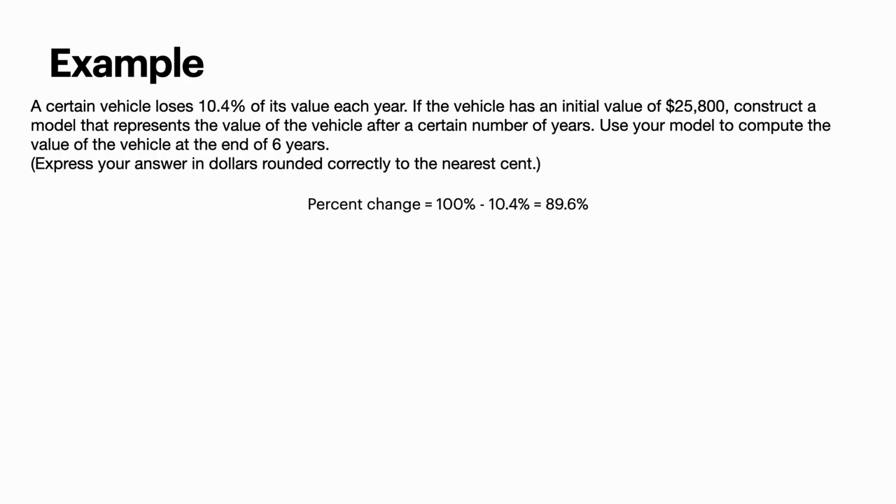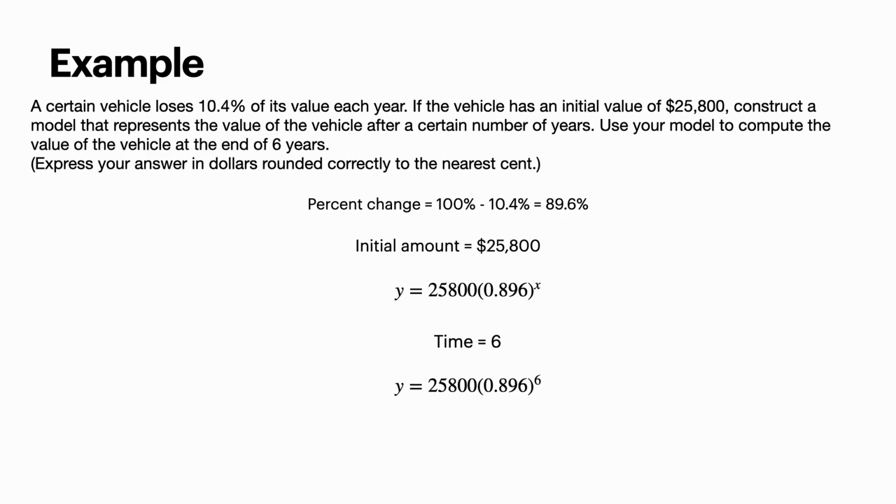It's decreasing 10.4%. The initial amount was $25,800. And so now we have our exponential model. They want it after 6 years, so we plug in 6. And now we have the new value of the vehicle.